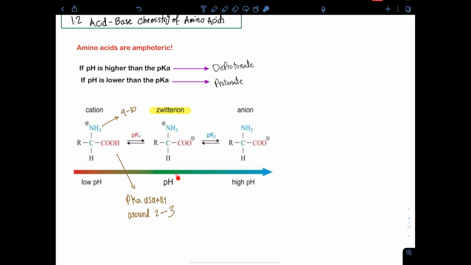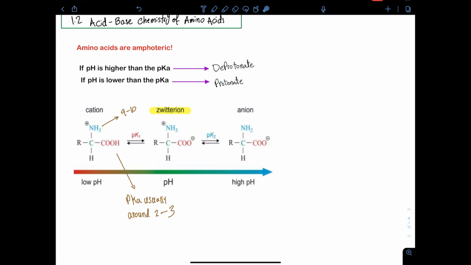If you move to a higher pH, for example a pH of 5, the carboxylic group loses the hydrogen. That's because the pKa of the carboxyl group is around 2 to 3, and now the pH is higher. Just as we said before, if the pH is higher than the pKa, it will deprotonate.